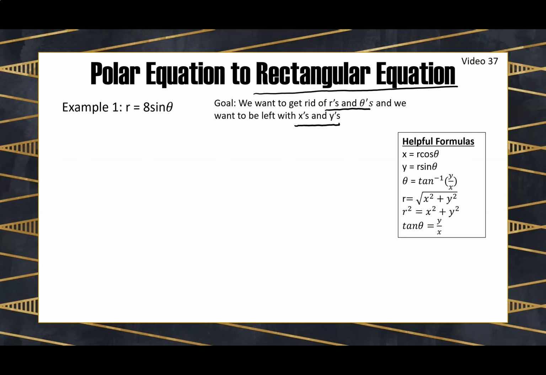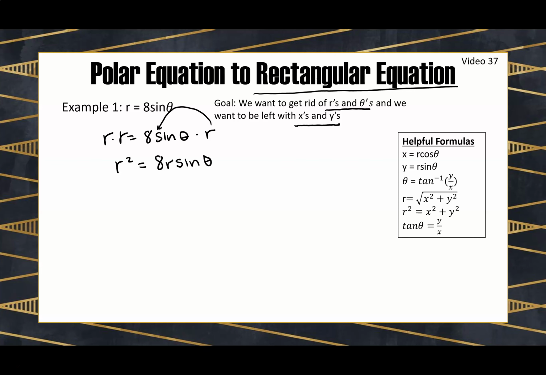So some of these require tricks, but since we're duplicating these problems, it will be a good idea to memorize these tricks. So the first one is we're really trying to get a match. And if I multiply r equals 8 sine theta times r on both sides, the trick that I'm doing right here is cool because when I multiply by r on both sides, I get r squared equals 8, and I'm going to take that r and I'm going to put it inside 8r sine theta.